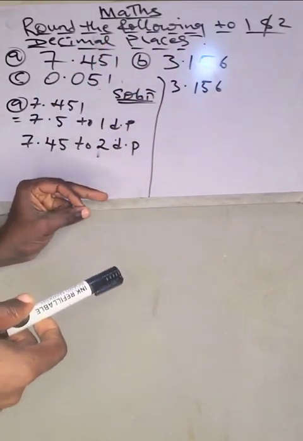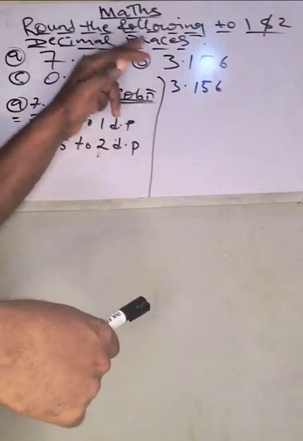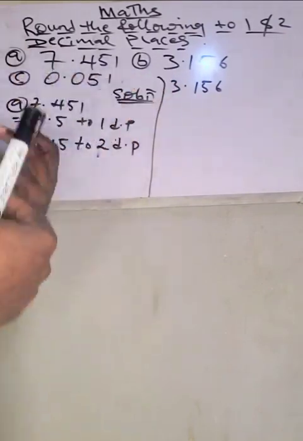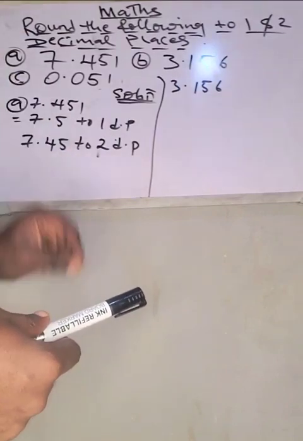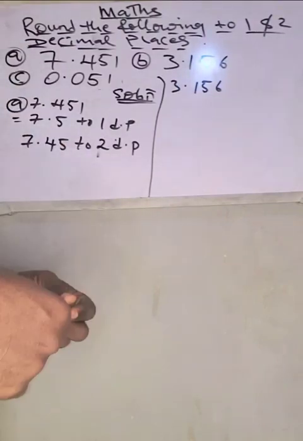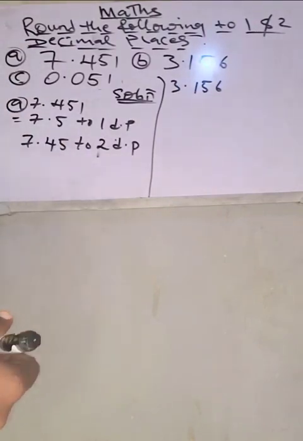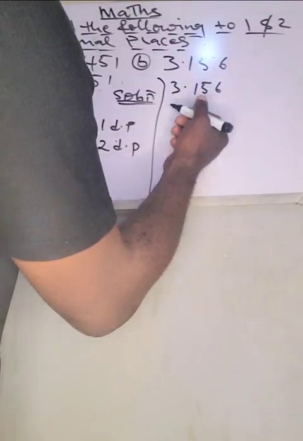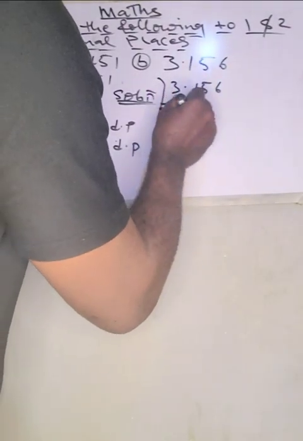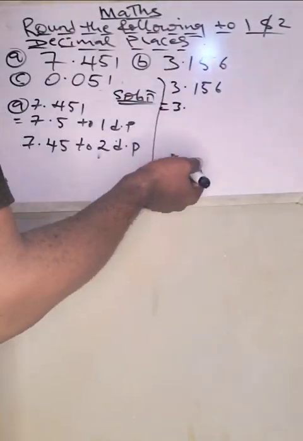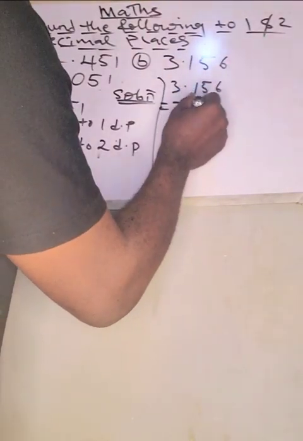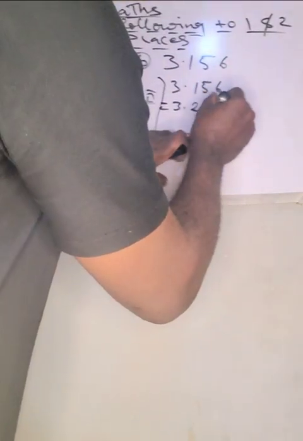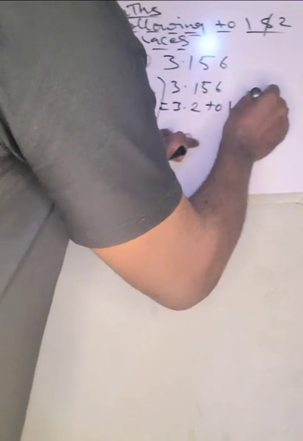Remember that after the decimal point, we must have only 1 digit number, because the question says to 1 decimal place. The second digit 5 is up to 5. We round 1 up to make it 2. So 3.2 to 1 decimal place.